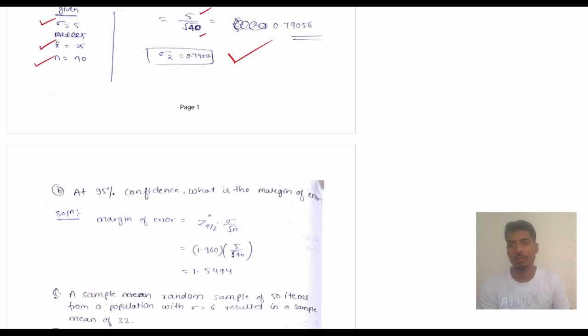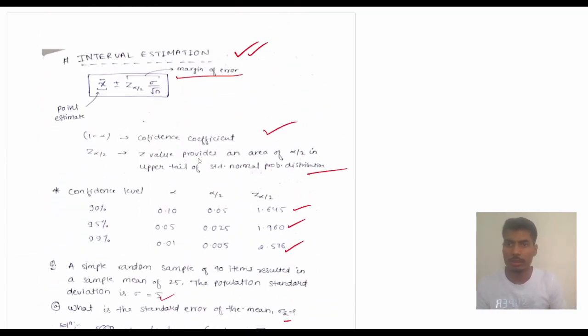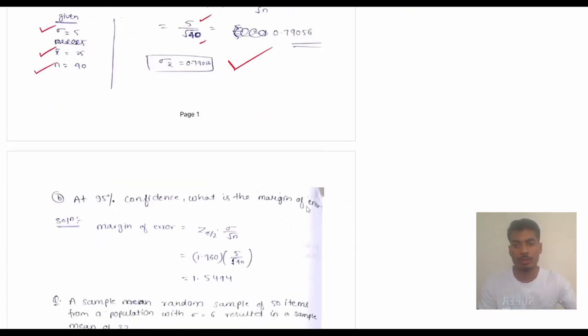Okay. Now see, at 95% confidence level, what is the margin of error? Margin of error means z alpha by 2 sigma by root of n.